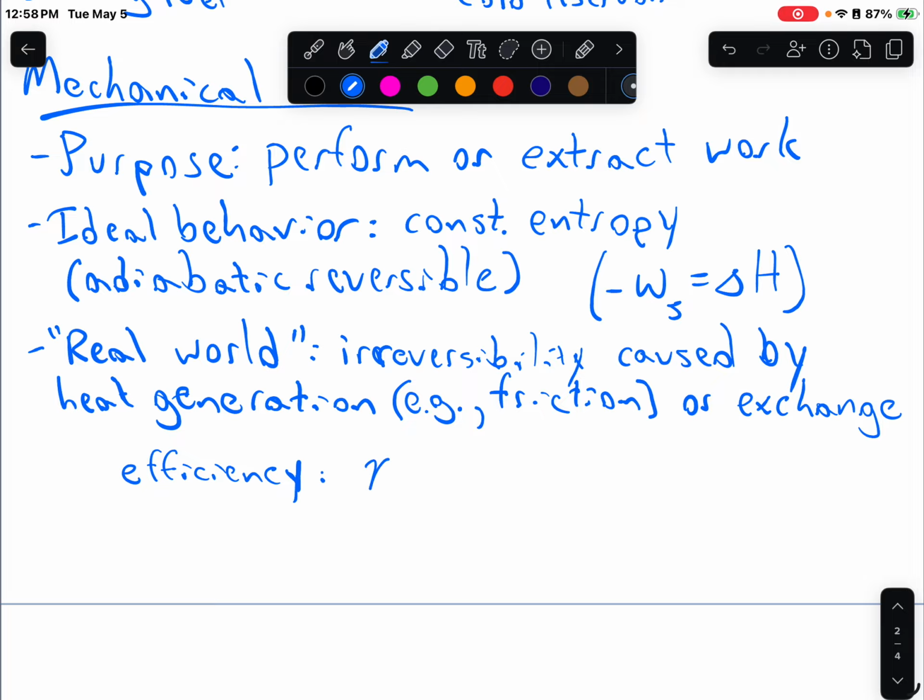And so this refers to, for a turbine, the shaft work that you get out of the turbine divided by the shaft work that you would get in the isentropic limit. So if it's a 60% efficient turbine, what you can do is estimate how much work you would get out in a constant entropy mechanical process and then take 60% of that.